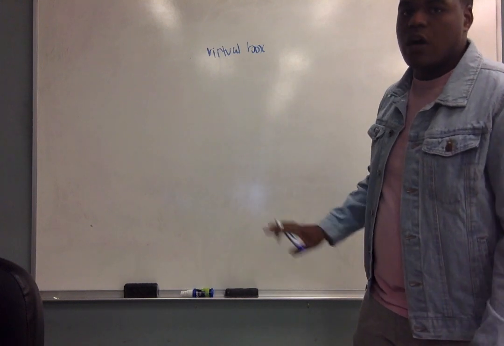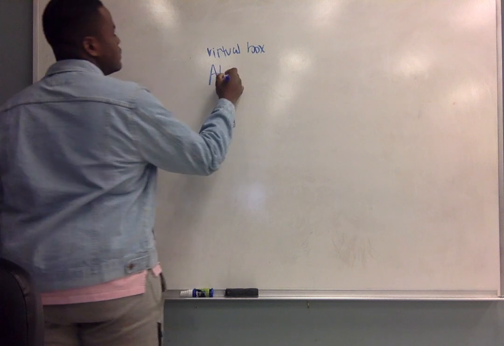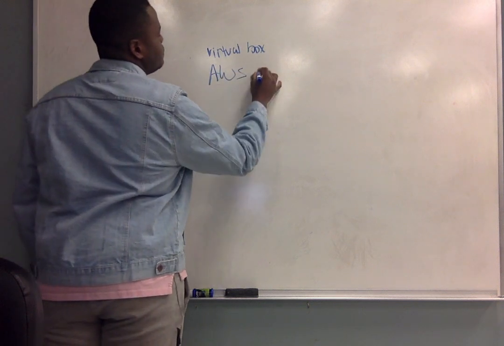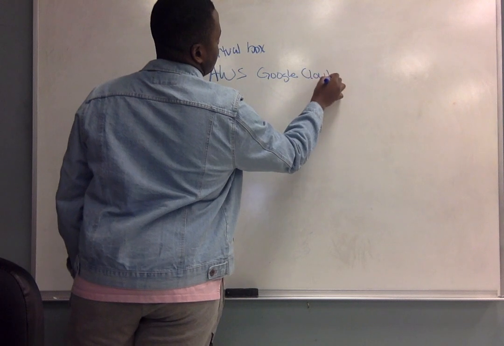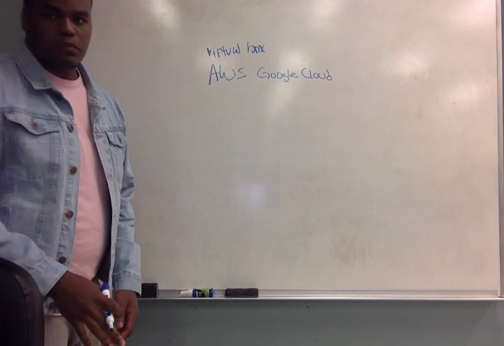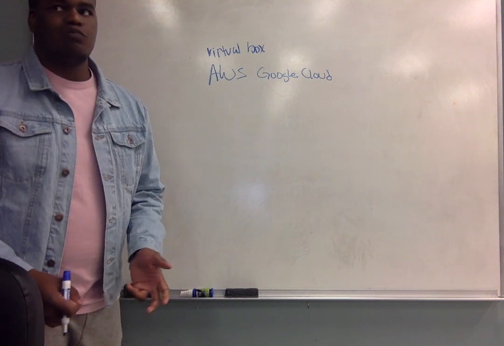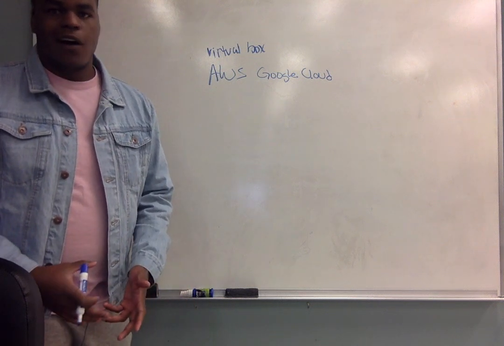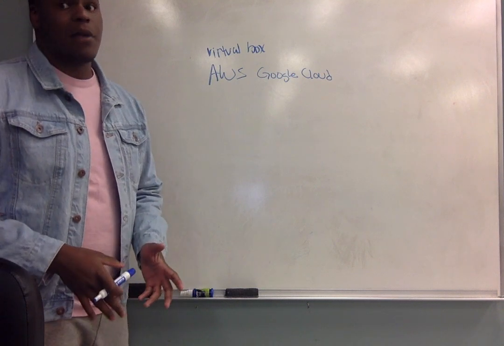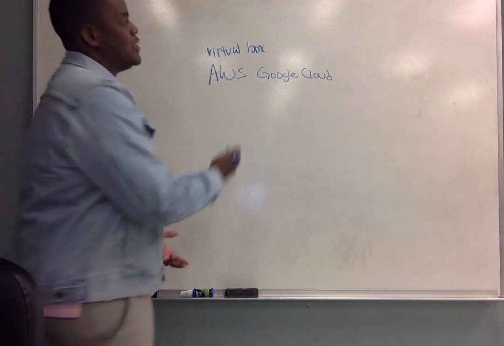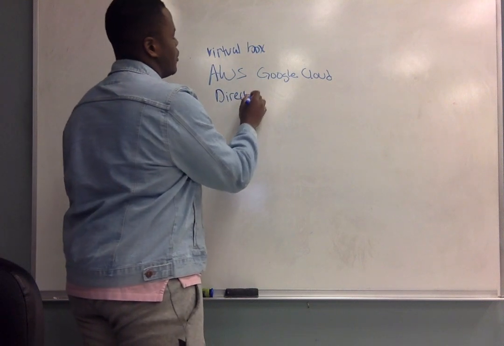Another way is through a cloud VM, like AWS or Google Cloud. And then also, you can install the server version of Linux onto your laptop, which is a direct install. But that's a little harder, right?